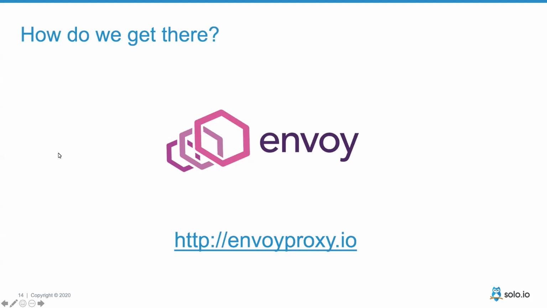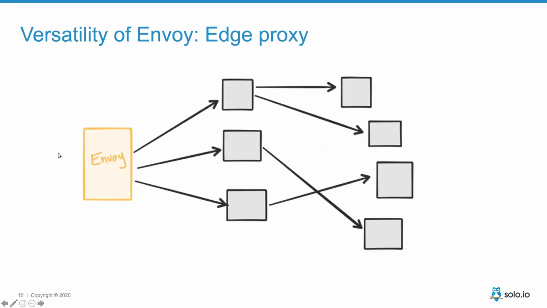Envoy can be run at the edge of a cluster, responsible for taking traffic in and routing it to the various backends. In a second, we'll start talking about some of the capabilities you can layer into Envoy at that part of the architecture, in that role.